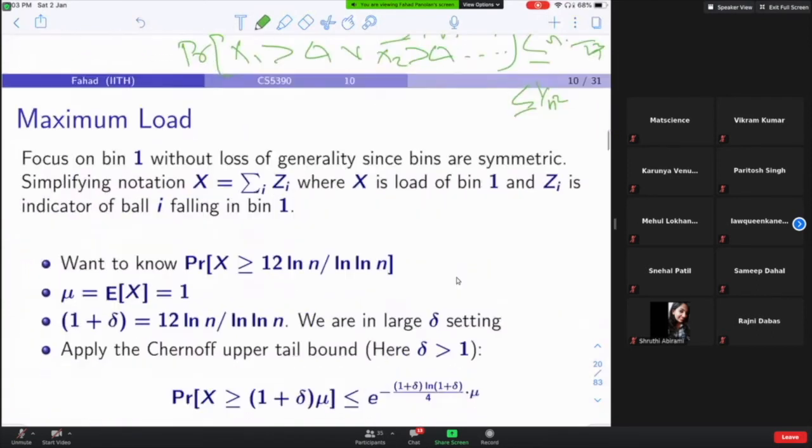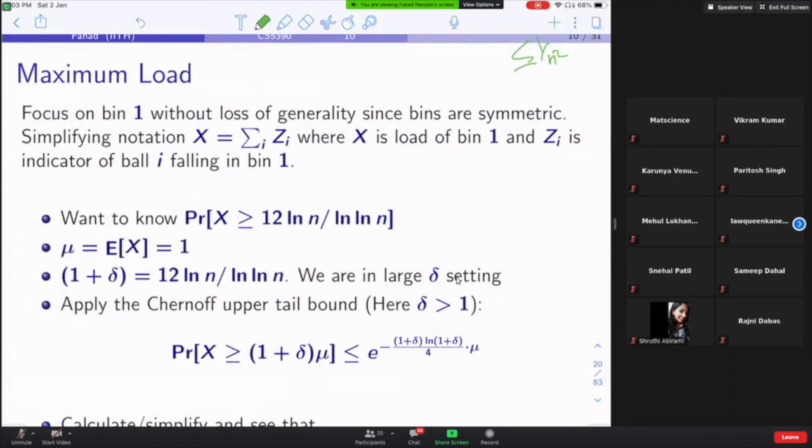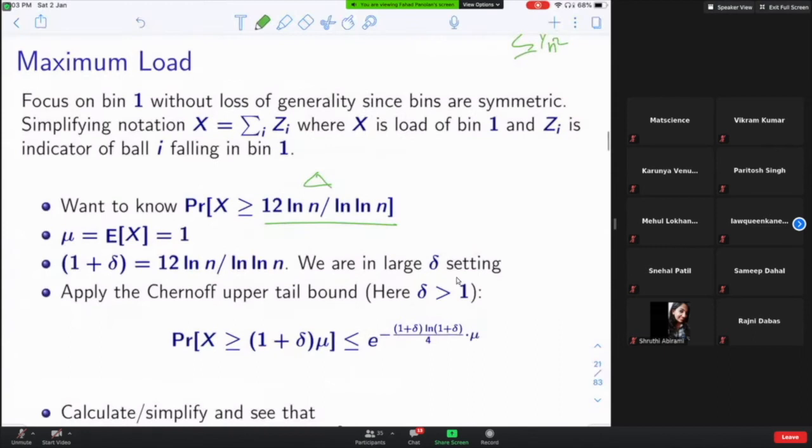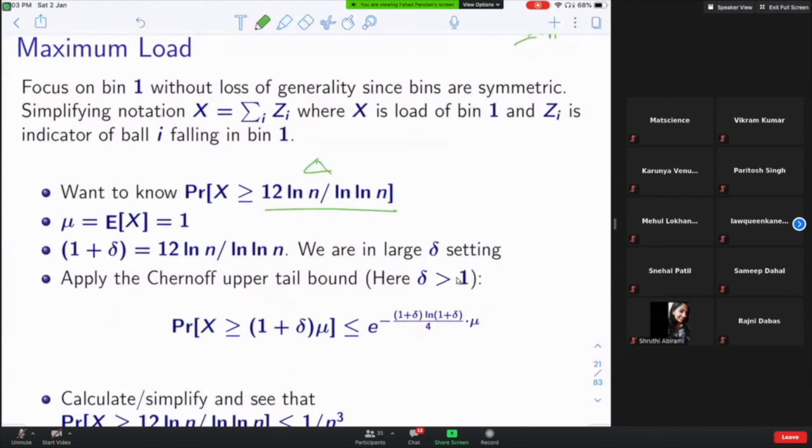Okay? So as I mentioned, fix one bin and then talk about the probability that the load within this bin is more than delta. This is my quantity delta. Fixing the first bin and talking about its load is the same as fixing the second bin and talking about its load, because they are all equally likely.